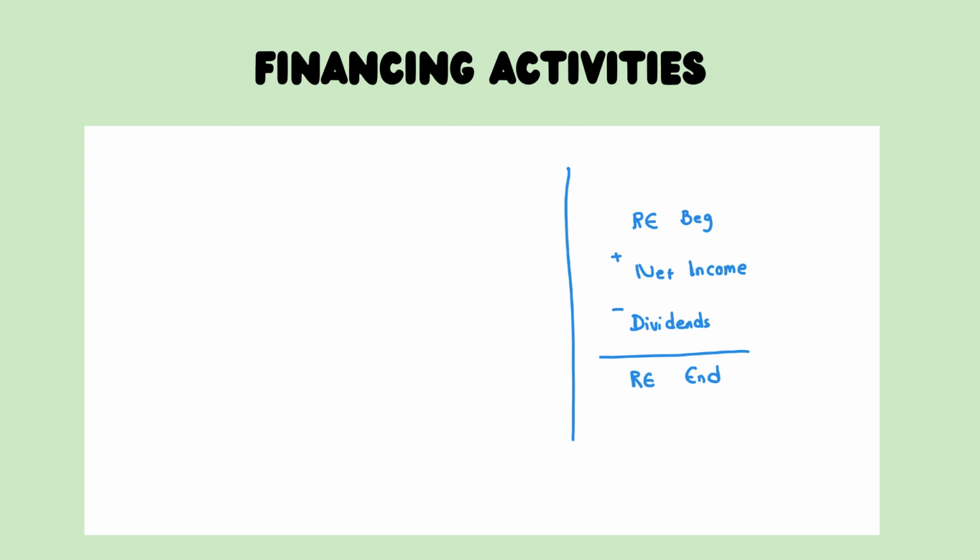Beginning retained earnings was 93,000, which was last year. Net income, given at the top of the question, was 82,000. Dividends is X. Ending retained earnings was 175.